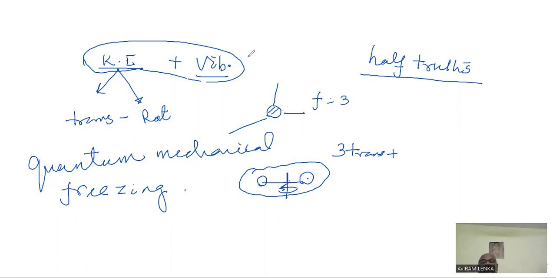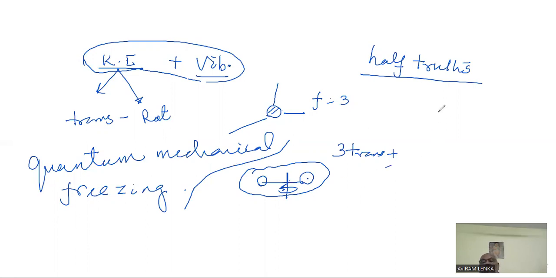But in reality, you won't get that, because quantum mechanics sometimes prohibits certain degrees of freedom. That is due to temperature and all those things. The issue is quite complicated. So due to quantum mechanical freezing, the degree of freedom that we normally calculate using simple arithmetic is not exactly as shown by the molecule.